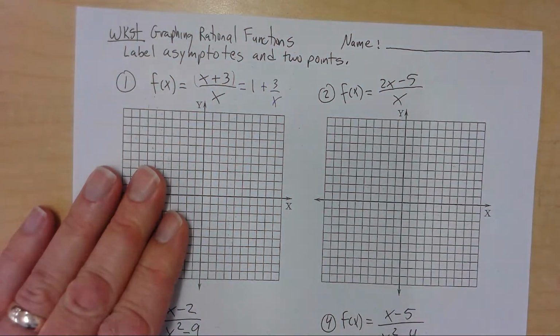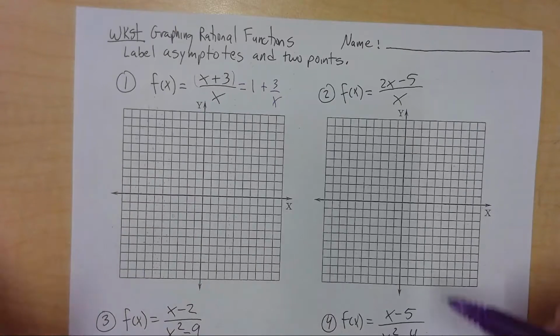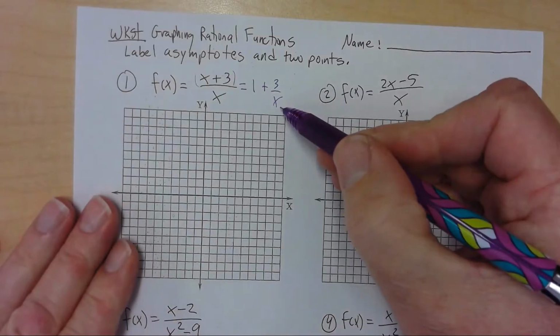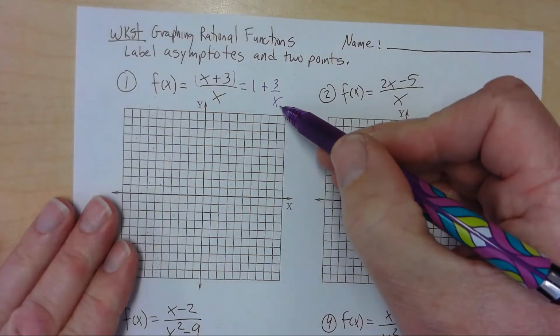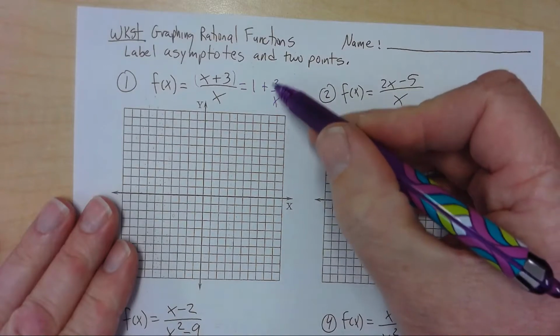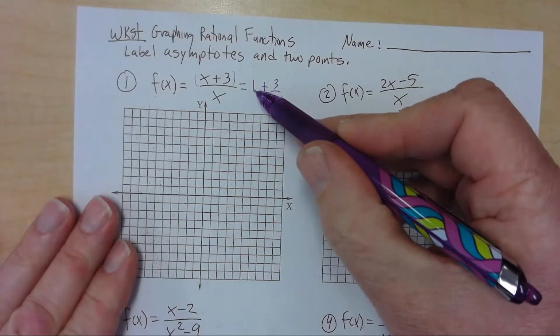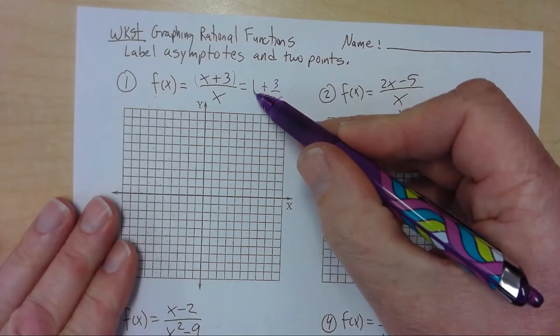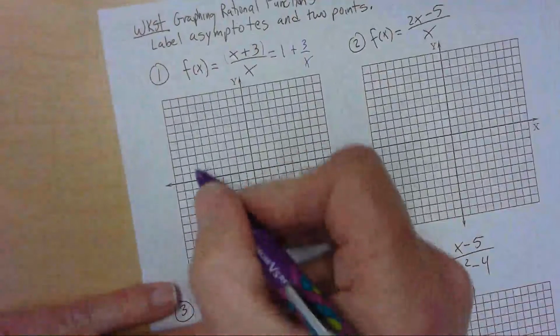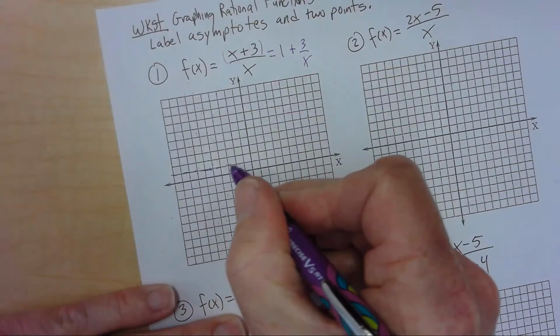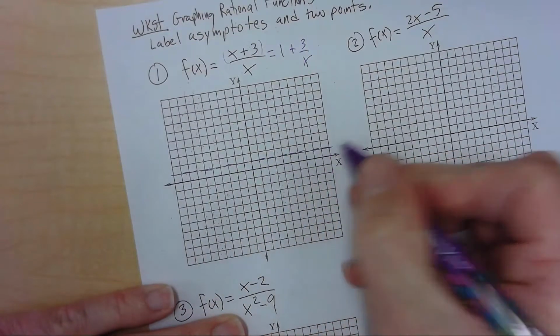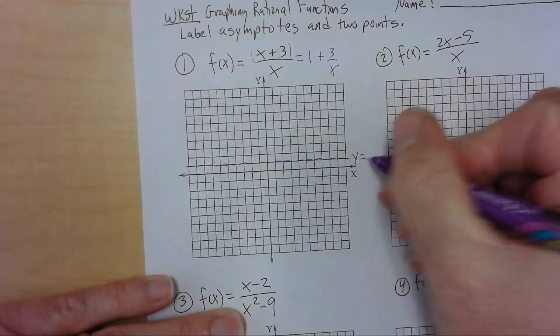So we learned that when x becomes really super large, then this is going to become 0, and it's going to level off at 1. So the level off point will be 1. That's the horizontal asymptote. So I'm going to make a dashed line here, and it's going to level off at y equals 1.